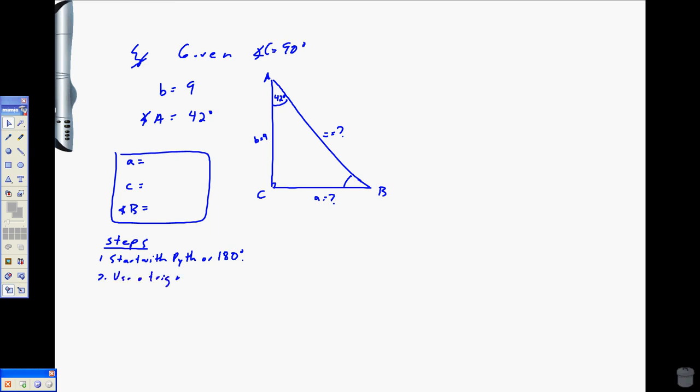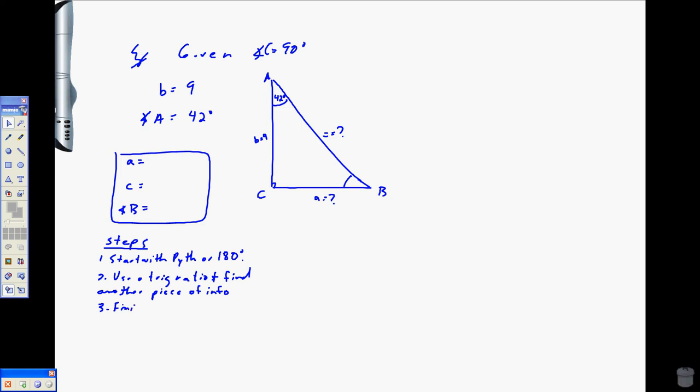Now, there's more to that. Of course, you have to pick an angle and name your sides from that angle and figure out which trig ratio and all that stuff. But use a trig ratio and find one other piece of information. Step 3.